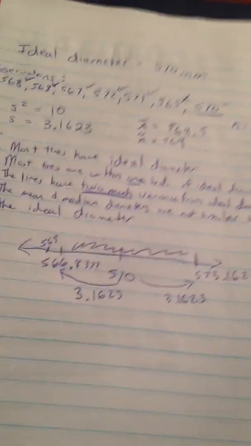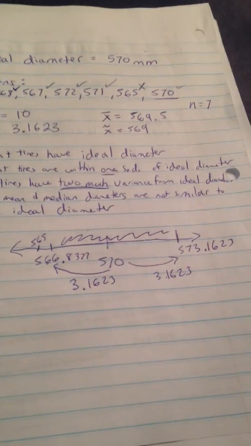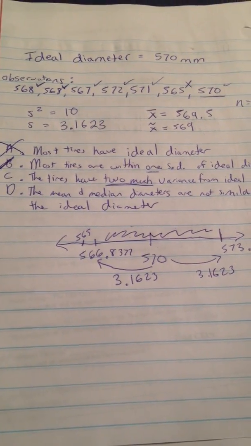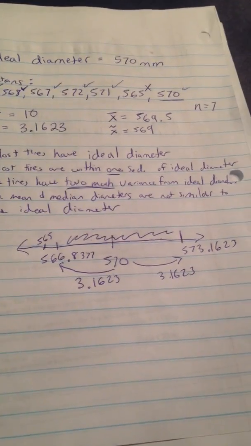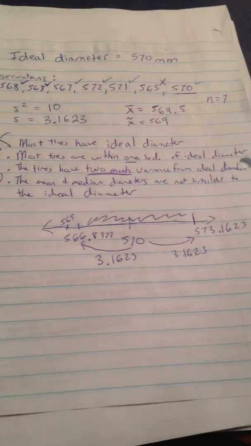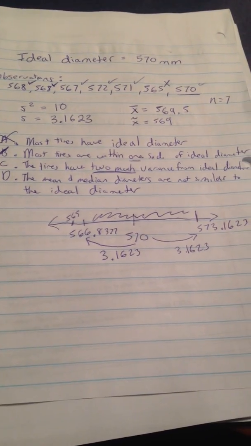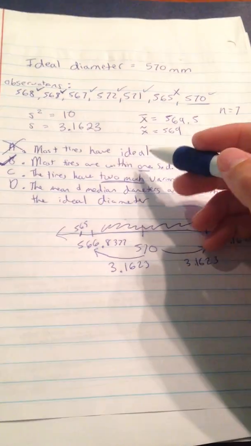Now, since you need to find one correct answer, we could stop. But let's go ahead and talk about why the other ones aren't necessarily true. The tires have too much variance from the ideal diameter. That's letter C. Well, what does too much mean, right?